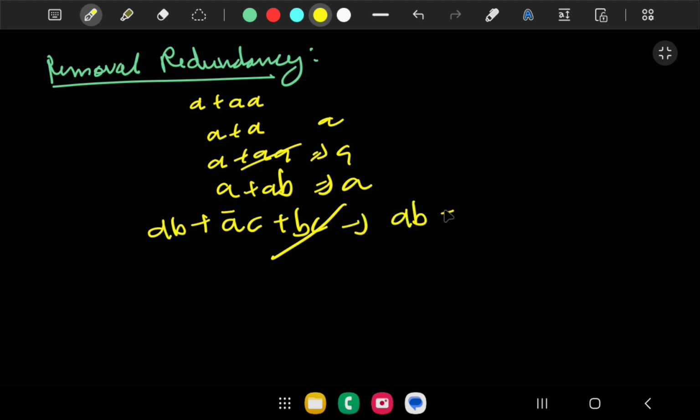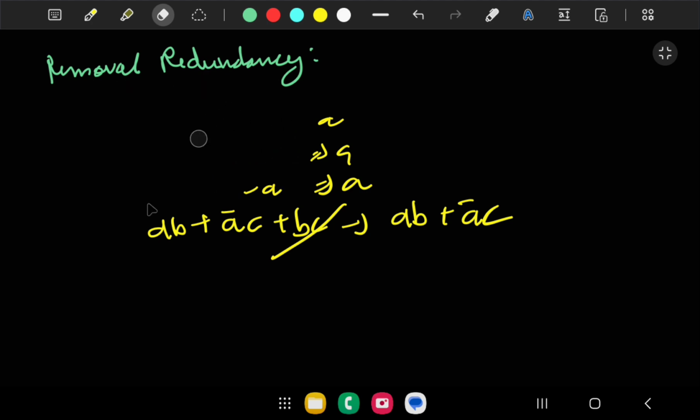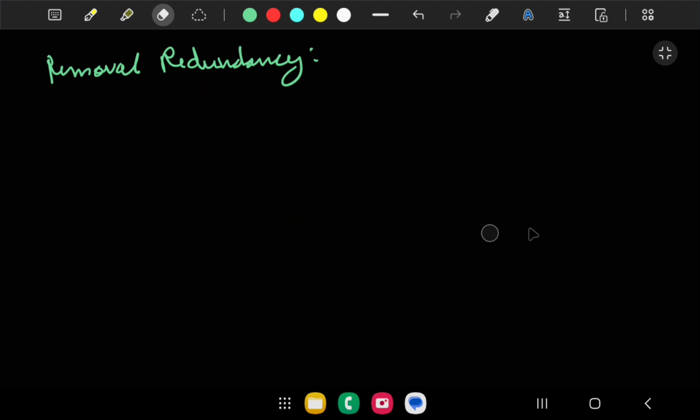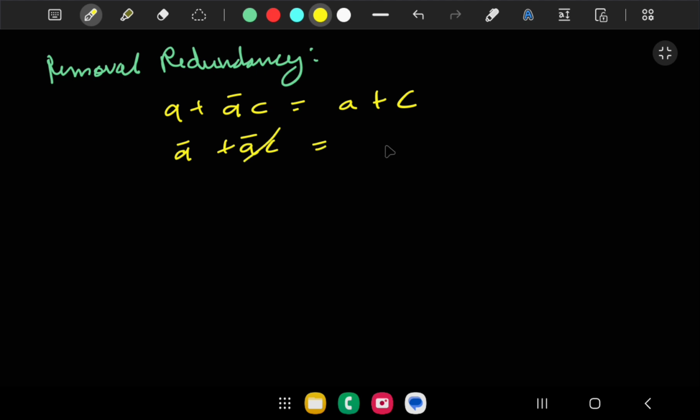Then AB plus A bar C. In this situation, who is redundant? This will be A plus C. Here A bar plus A bar C. Who is redundant? Absorption law. Here this will be redundant. A bar plus C. All of these things should be clear.